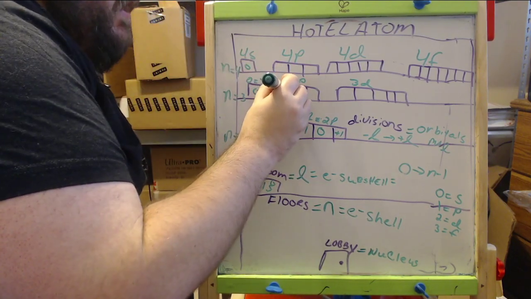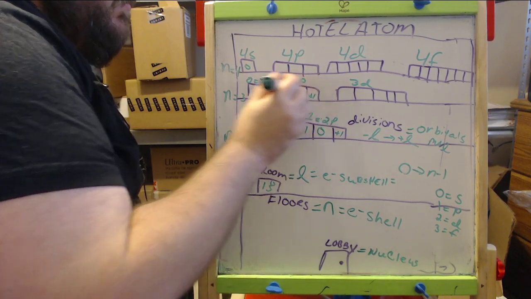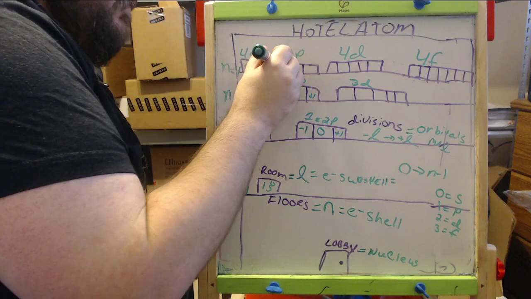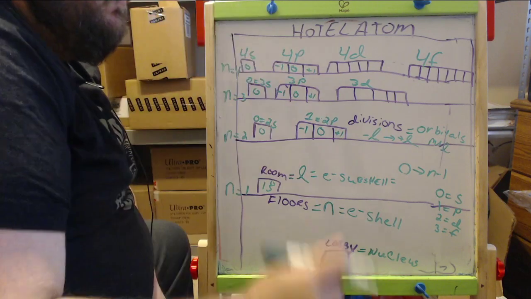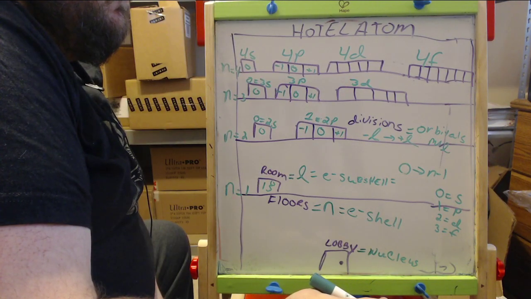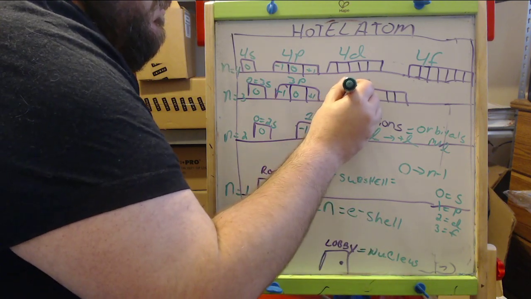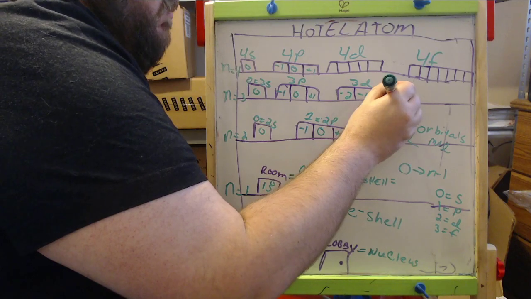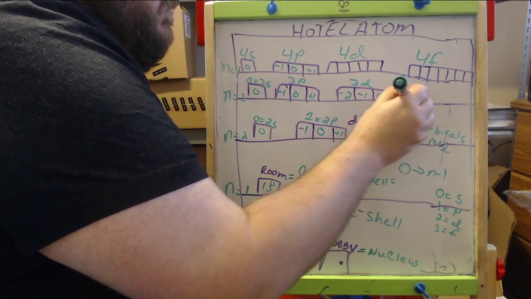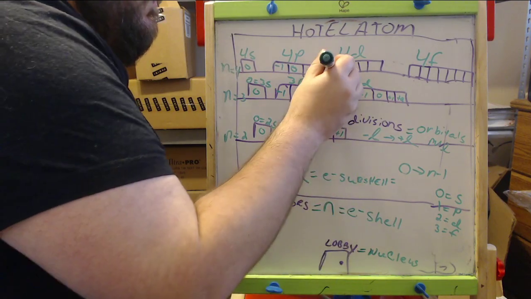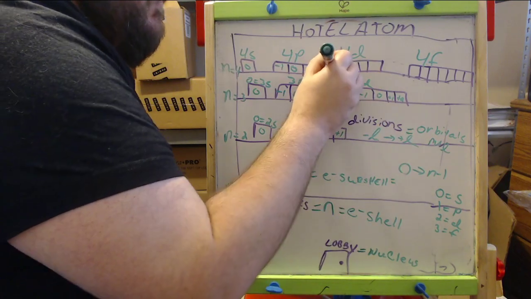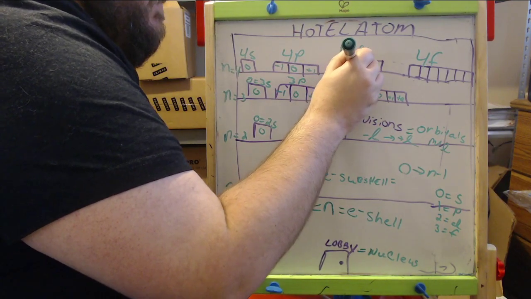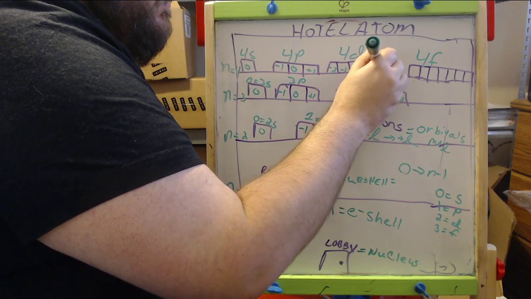Every P will be negative 1, 0, and positive 1. For D, D is 2. -2 to +2. -2, -1, 0, 1, 2.